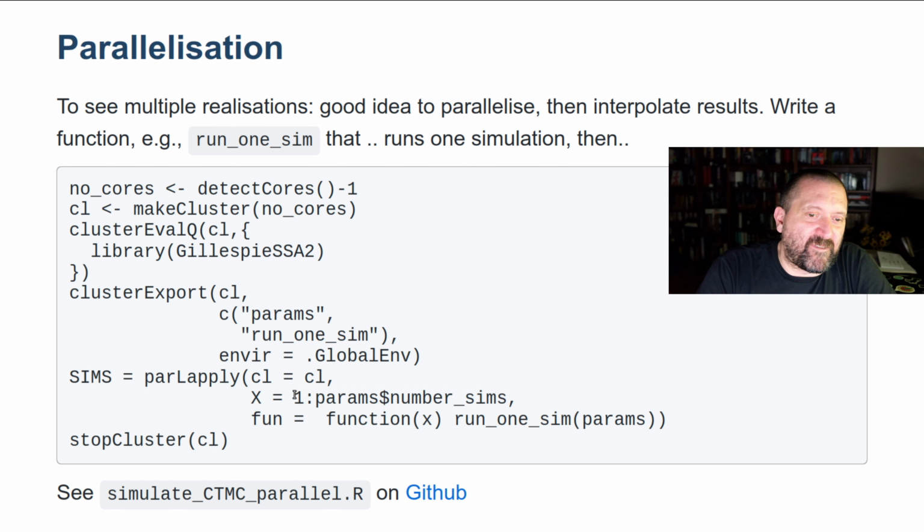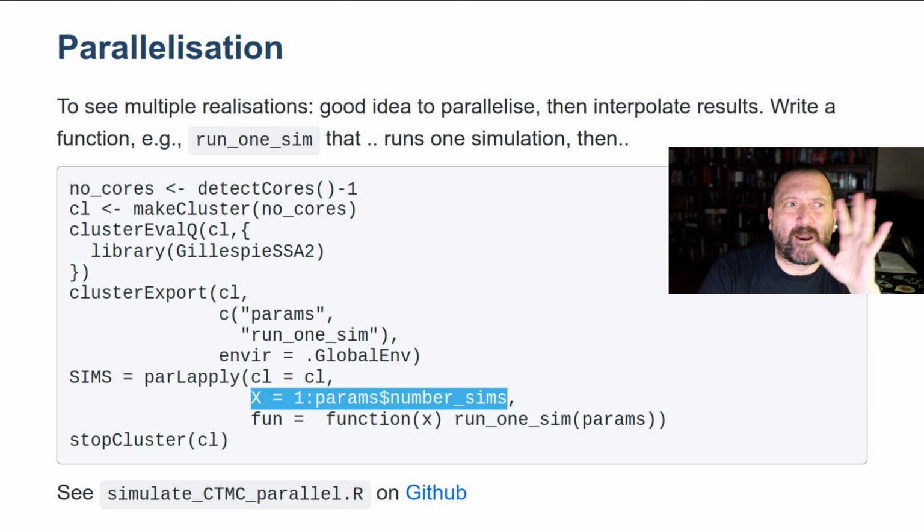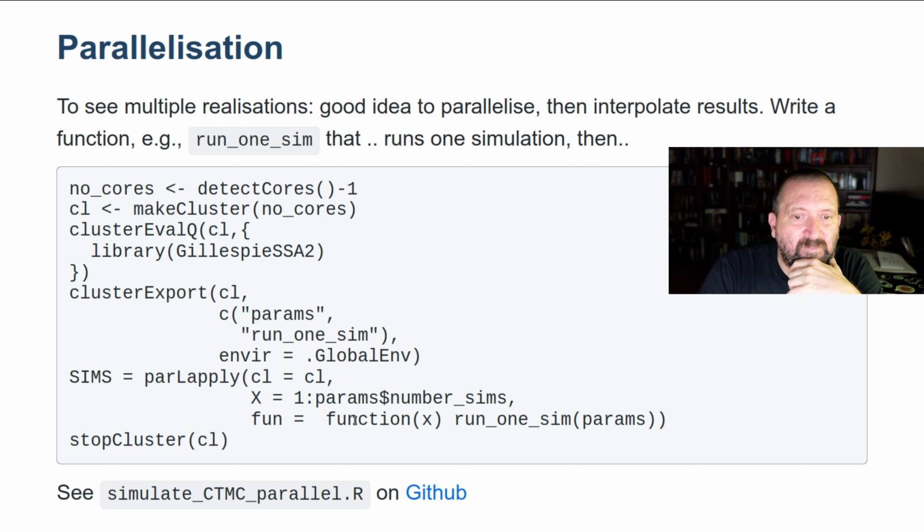You can see that function of x here does not involve x. So I don't care about this x, but if I remember well, at least before, you used to have to name it, even if you were not doing anything with it. And this is the function that I'm going to run one simulation. It's going to depend on the parameters, okay, that I've exported, and then you run the cluster.